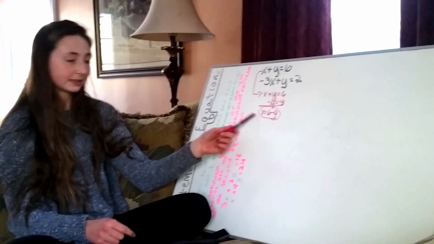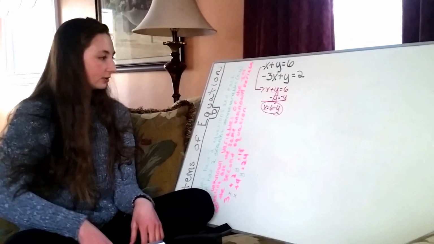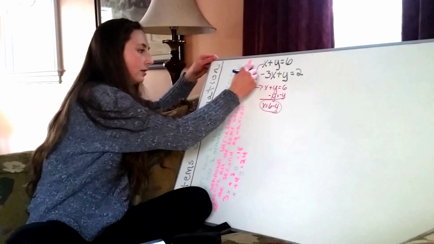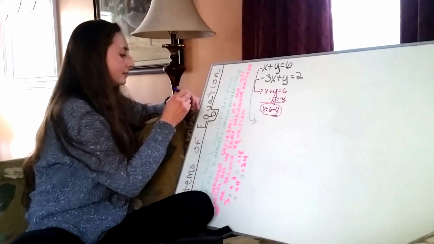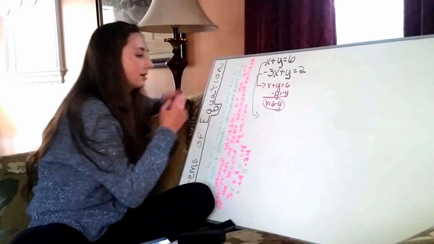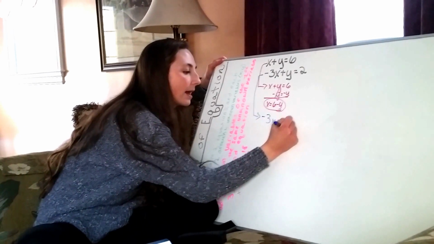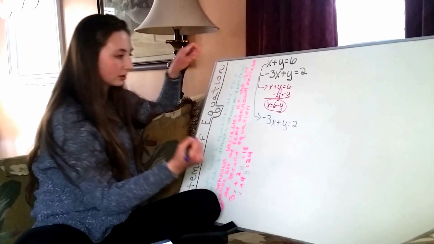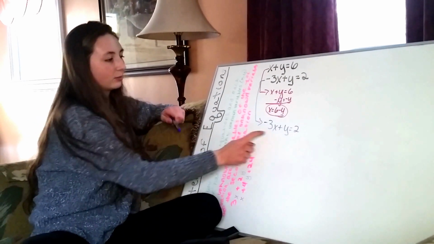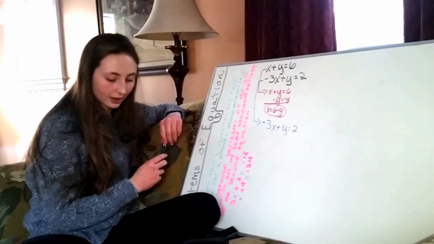That's what we get when we set this equal to x. So now that we know that x is equal to 6 minus y, we're going to substitute it into the other equation. And what I mean by that is, we're going to plug it in. Substituting it is plugging it in. So we have negative 3x plus y is equal to 2 is the other equation. And anytime we see an x, we're going to plug in what x is equal to, which is 6 minus y.